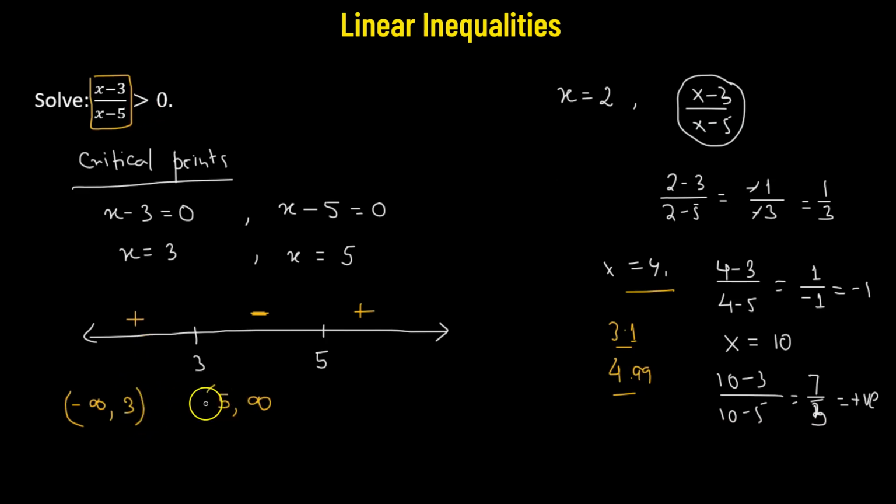Similarly, for 5, this is going to be an open interval, and infinity is always unbounded, so that's an open interval. And we have to use the symbol union, which means all the values between negative infinity and 3, including all the values between 5 and infinity. So this is the solution set to our given linear inequality.